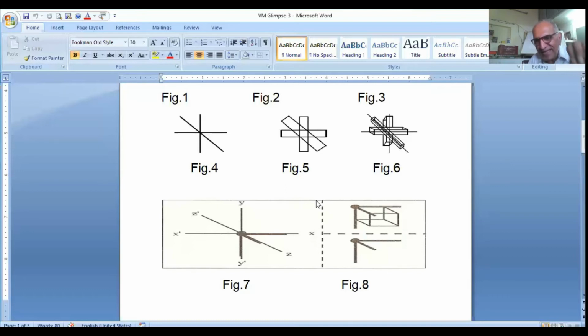Cube, as such we say, when we focus only upon the volume part, means we are taking into account only one fold, the domain fold.